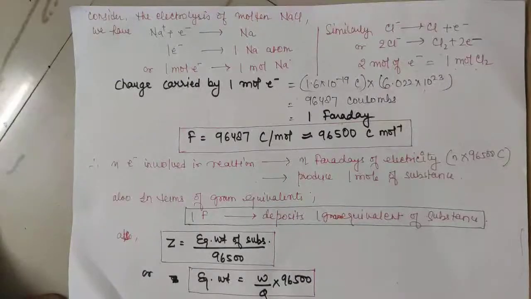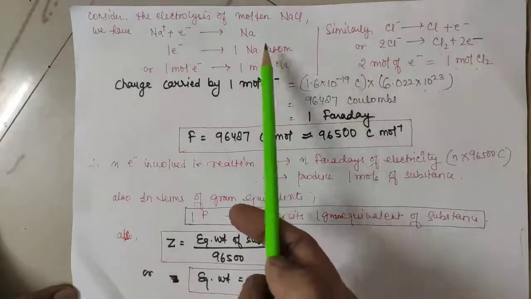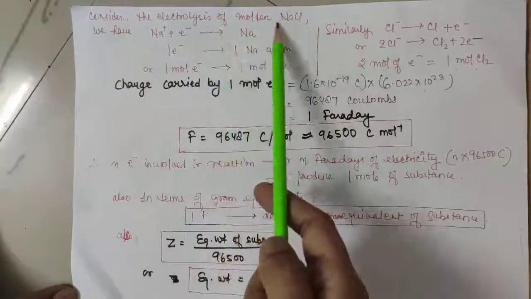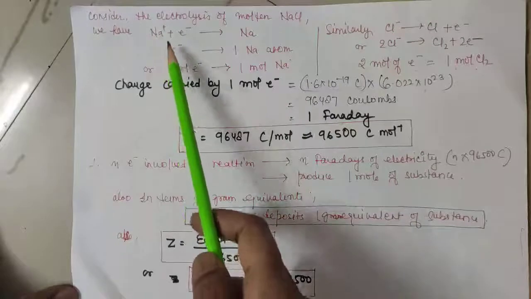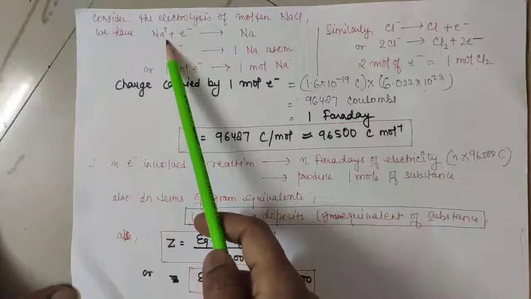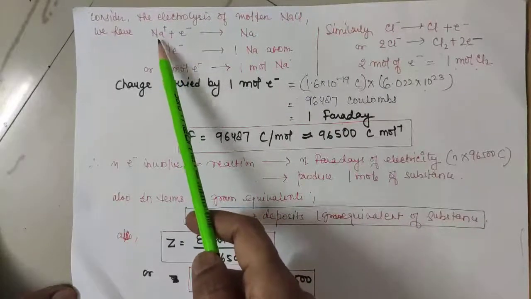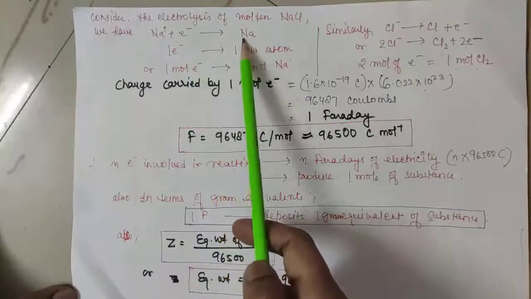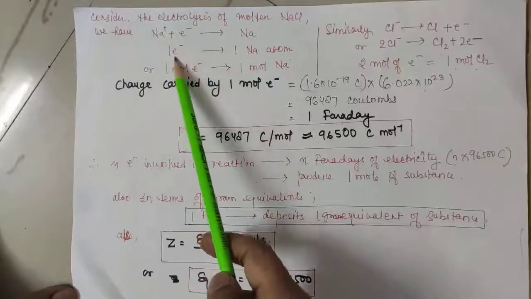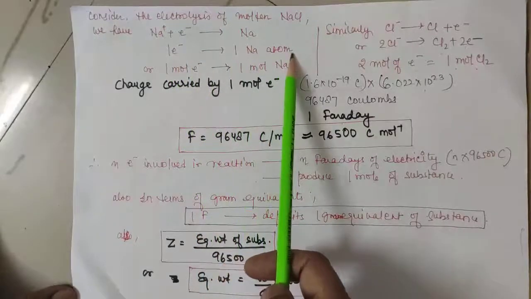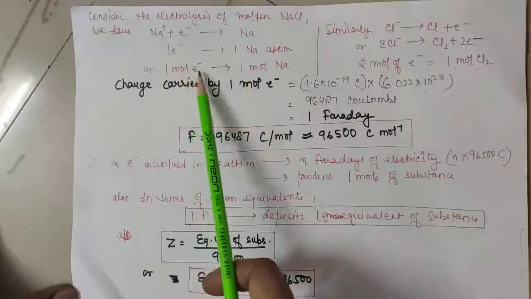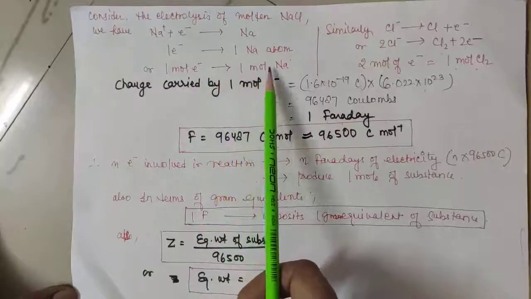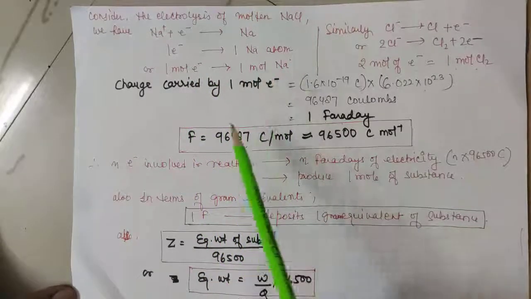Now let's see the quantitative aspect of electrolysis. Considering again the electrolysis of molten NaCl, one sodium ion will accept 1 electron to form 1 sodium atom. That means 1 electron produces 1 sodium atom, or we can say that 1 mole of electrons will produce 1 mole of sodium.